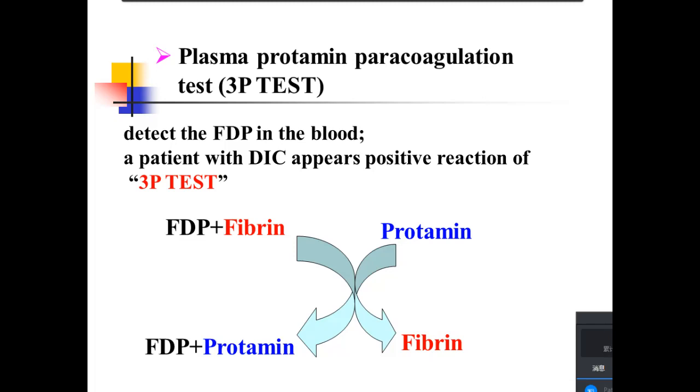So adding protamine frees fibrin and forms a clot. So the test is positive, not negative. It is called the 3P test because protamine can combine with FDP and lead to fibrin liberation, so fibrin is free. Now it is the 3P test.